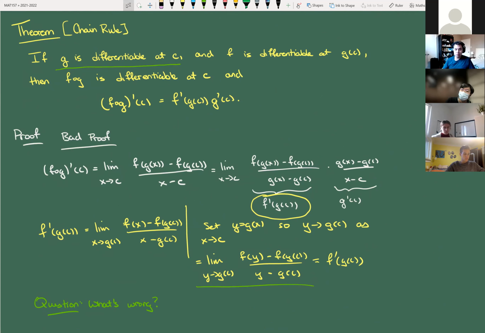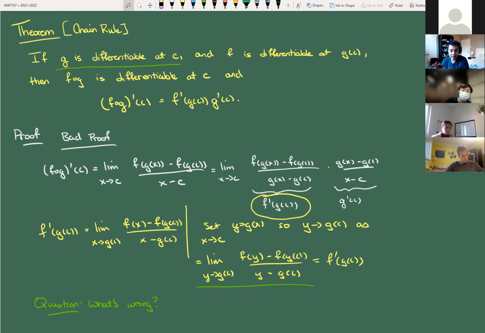Okay, yes, it is possible that g of x minus g of c is equal to 0. Absolutely, that's a possibility. And in fact, that's related to the big issue. Jackie, that is 100% the issue, but it's buried deep within another issue which has that built into it.